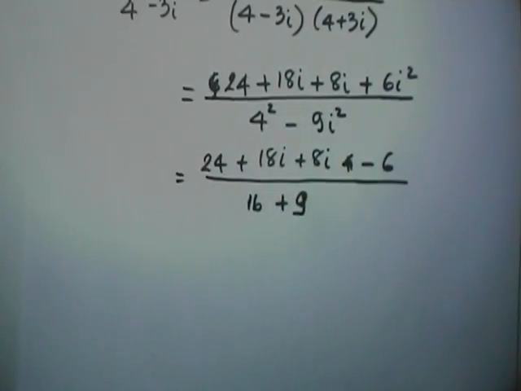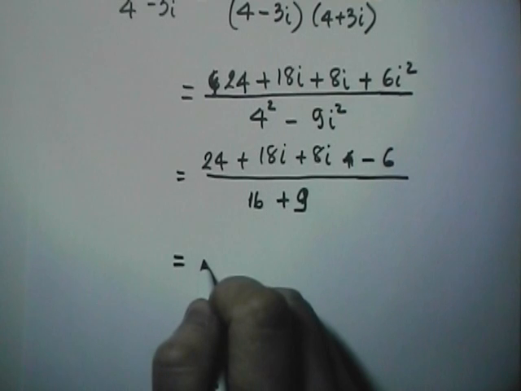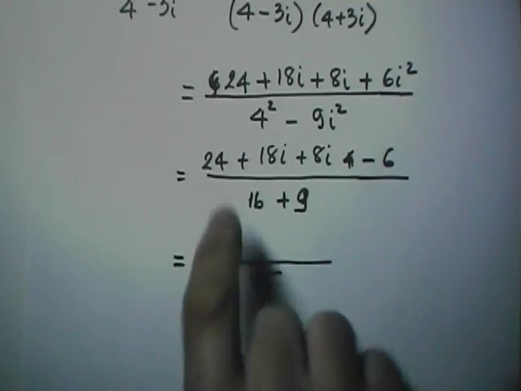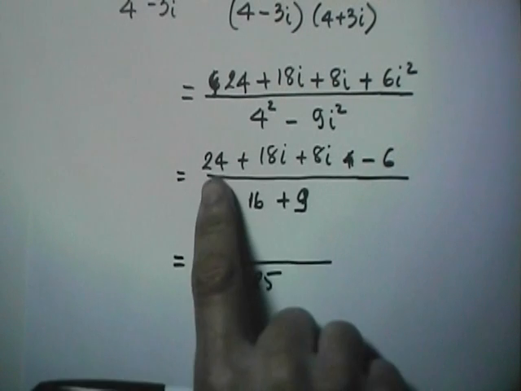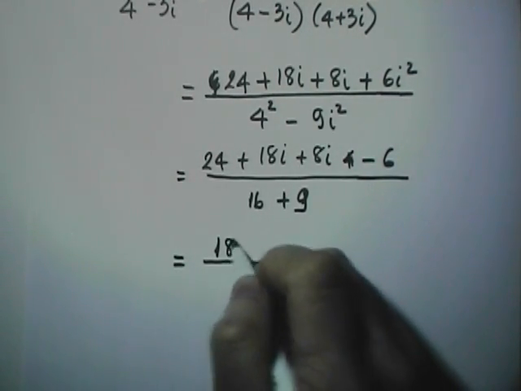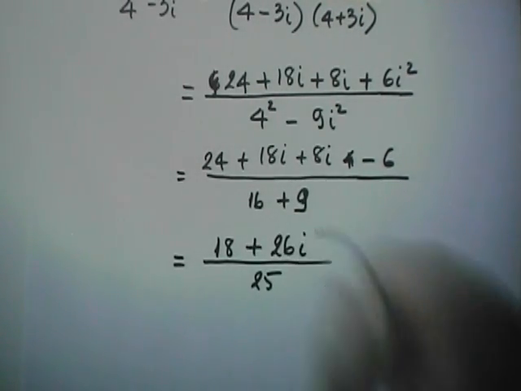Okay? So now, combining like terms, right? At the denominator, I have a 25 even. Okay, and then here on top, I have 24 minus 6 is an 18, right? And plus, now 18 plus 8 is a 26i, right?